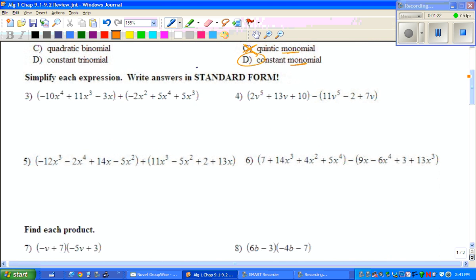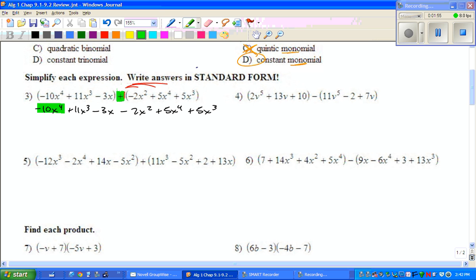All right, number 3 says to add each expression and write your answers in standard form. So what I'm going to be looking at first is I know it's plus, so I have to distribute a positive 1 to everything. And when you do that, everything stays the same, except we get rid of the parentheses. So now all we got to do is find things that are the same.